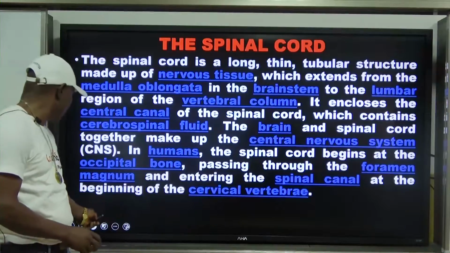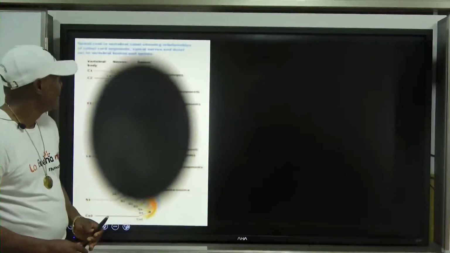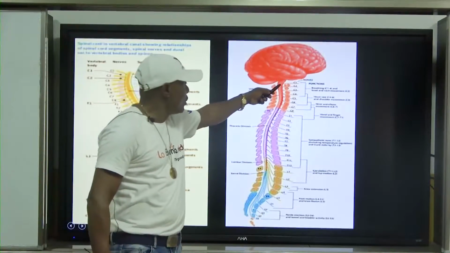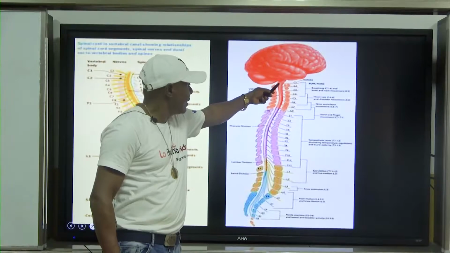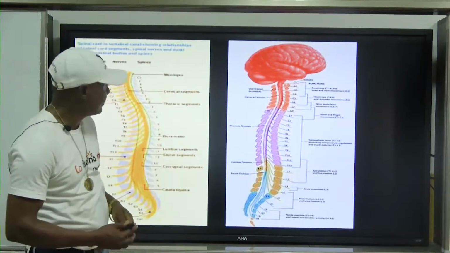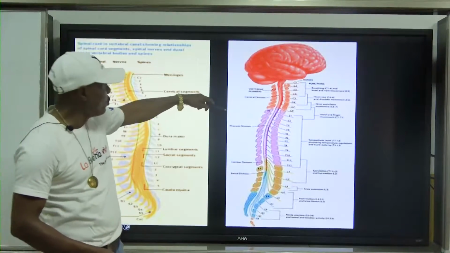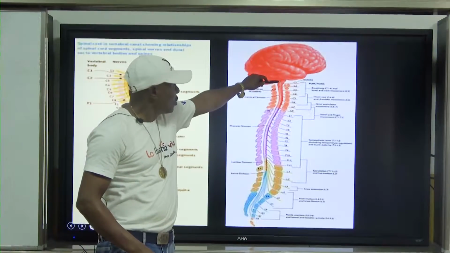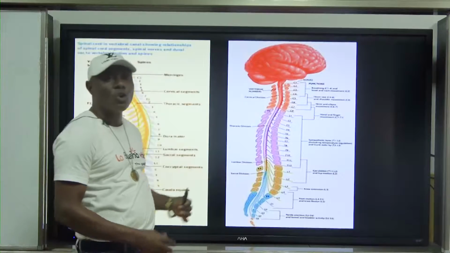The spinal cord is a continuation of the brain and runs through the neural arc of the vertebrate column.